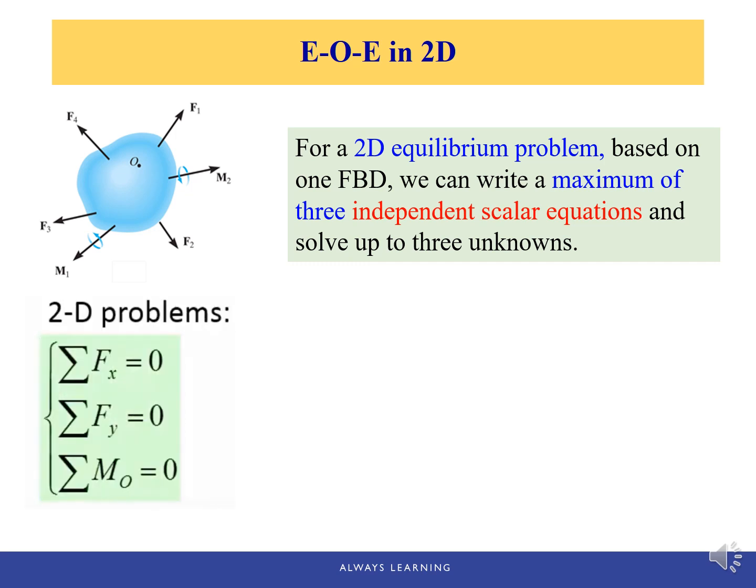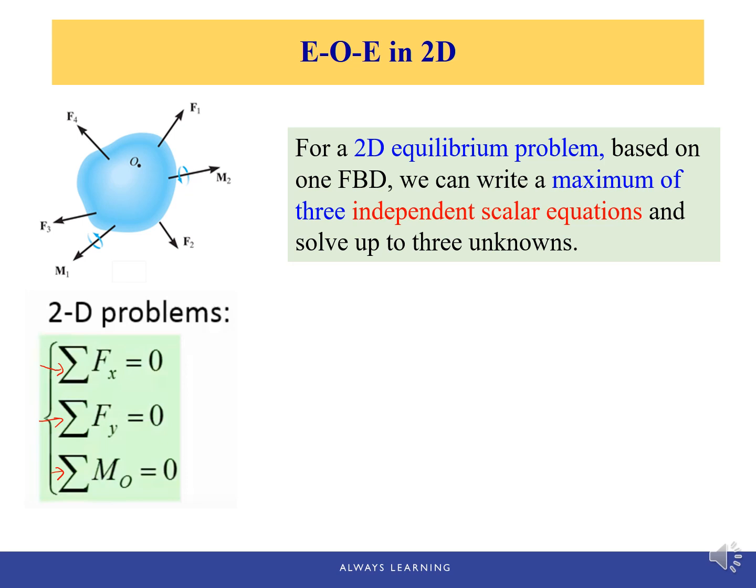Generally, this is the set of 3 scalar equations we're going to use to solve the equilibrium problem in 2D: the sum of the x direction forces is 0, the sum of the y forces equals 0, and one moment equation about any arbitrary point O.